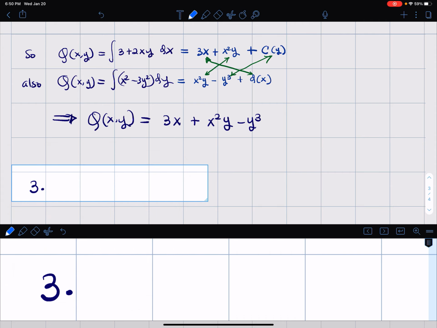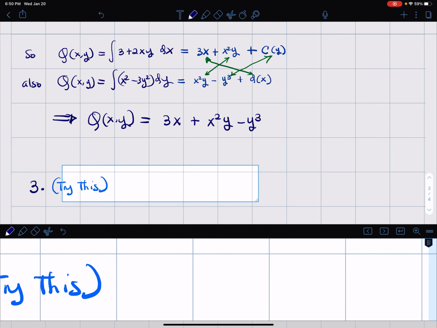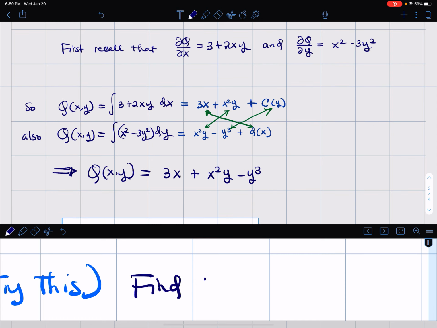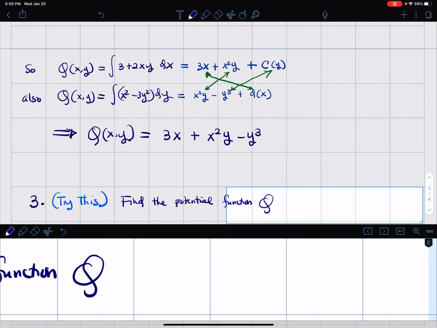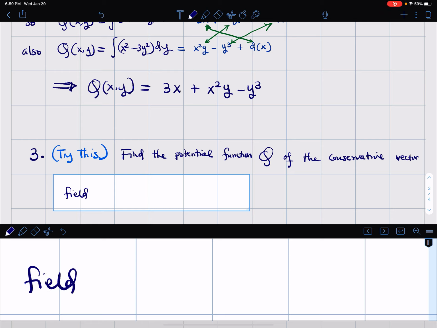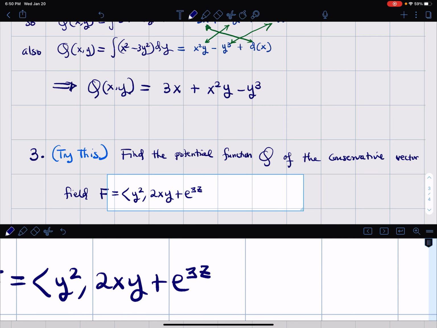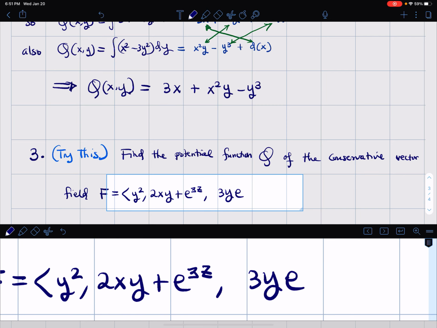Once you try this, I want you to find the potential function of the conservative vector field F is equal to y squared, 2xy plus e to the 3z, and then 3y e to the 3z.